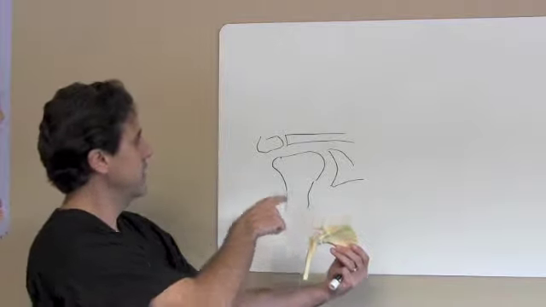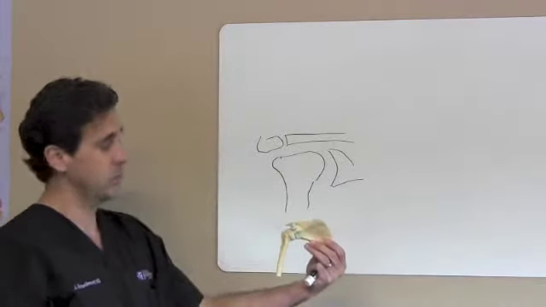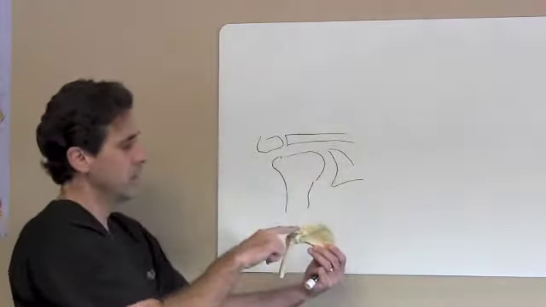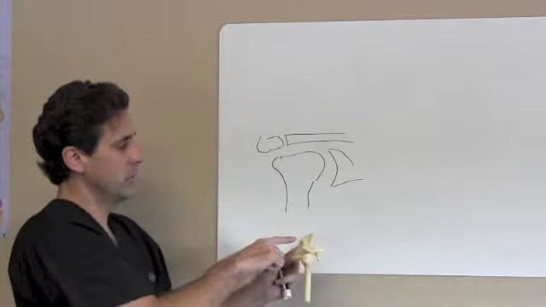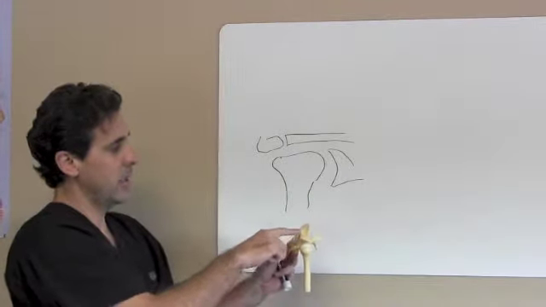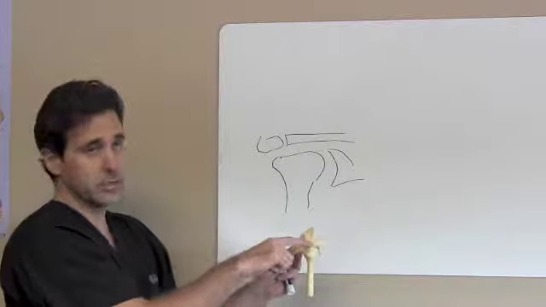This is your AC joint right here, the acromioclavicular joint. The clavicle meets the acromion, which comes off of the scapular spine here in the back of the shoulder.